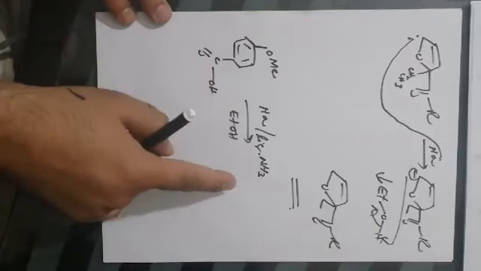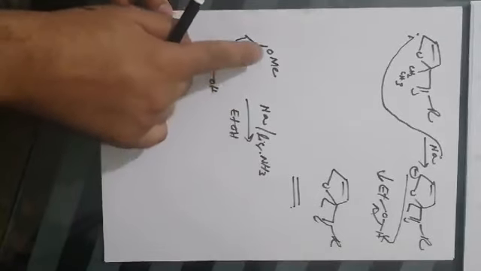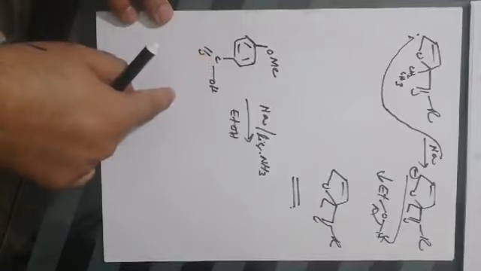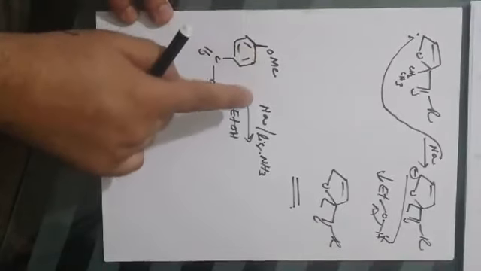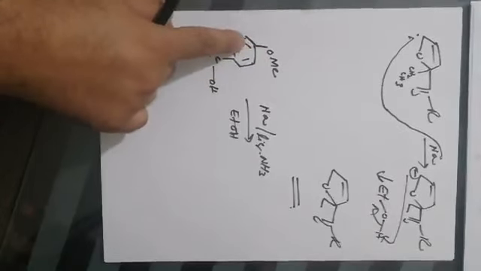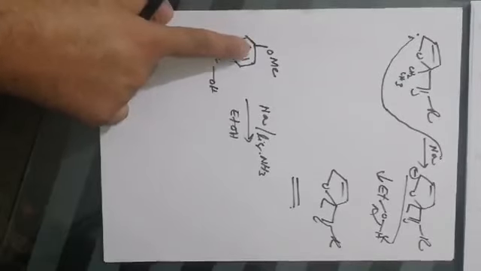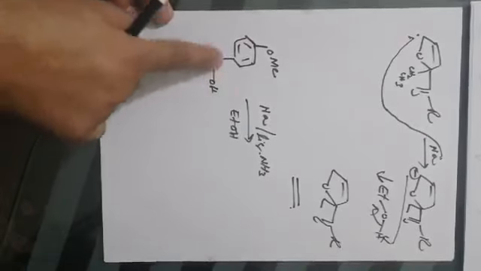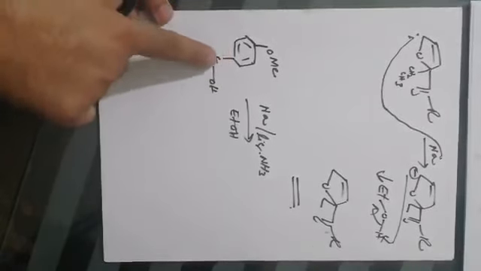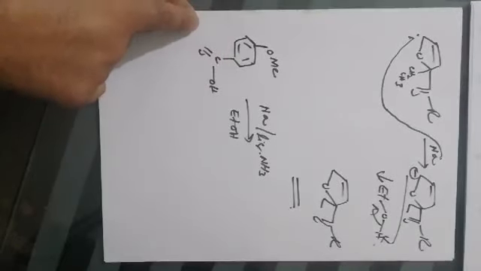So I'm going to explain for you that this is an electron donating group and this is an electron withdrawing group. And in the previous class we learned that the electron donating group reacts in such a way that the ipso carbon will be sp2 hybridized, while the electron withdrawing group will react in such a way that the ipso carbon with respect to them will be sp3 hybridized.